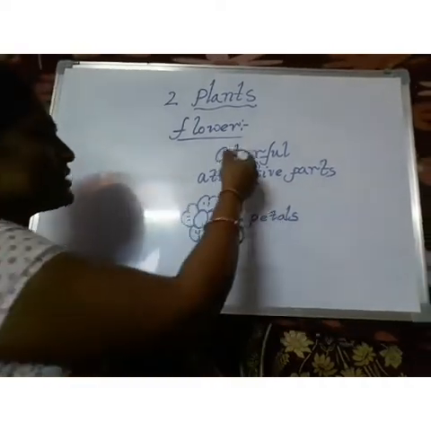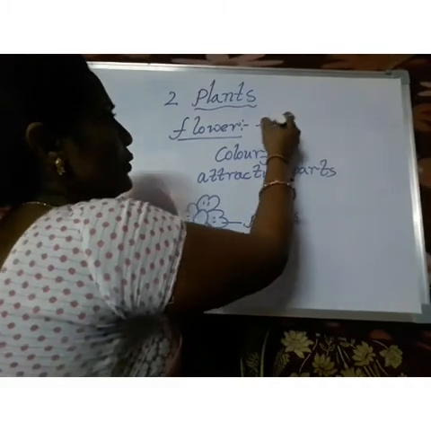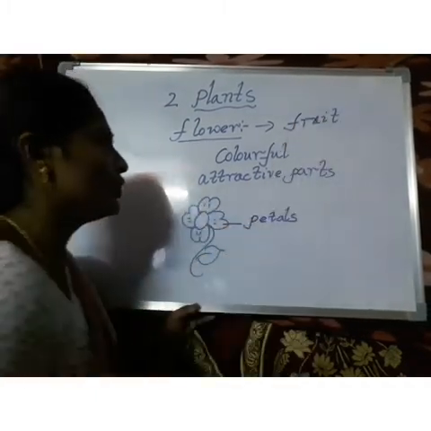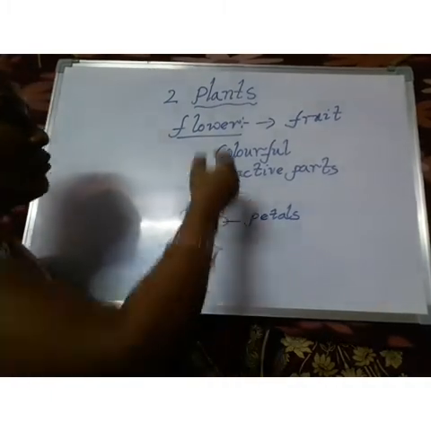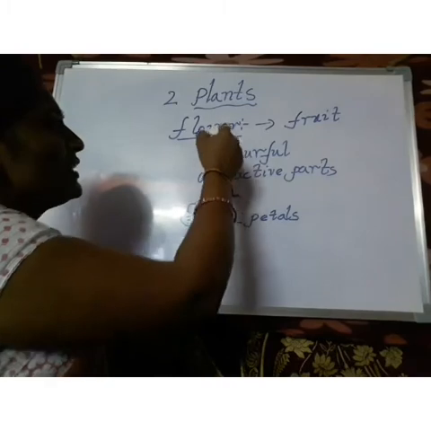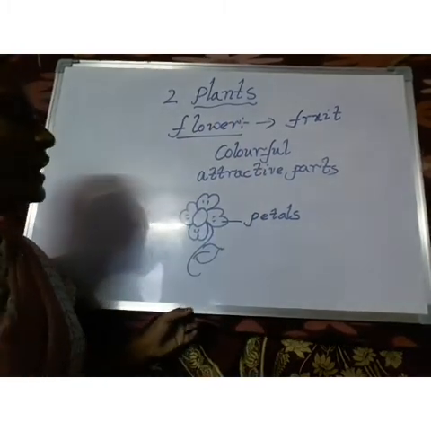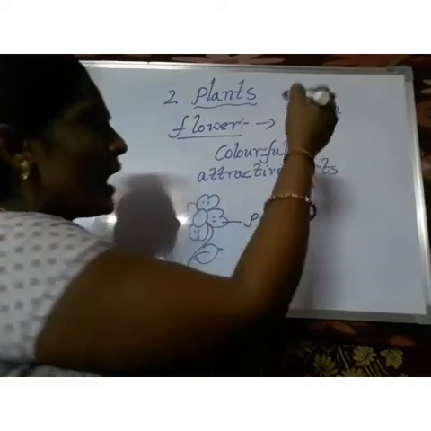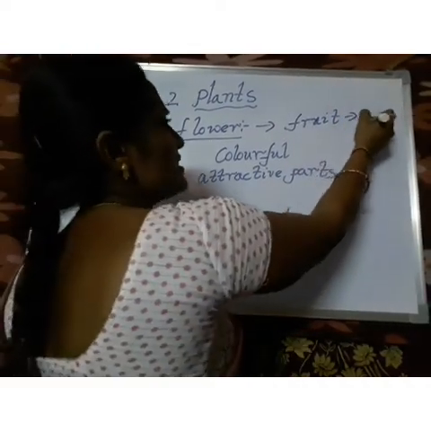After that, this flower can turn into fruit. In the next classes, you can learn what the male parts and female parts present in the flower are. Now the flower turns into fruit, and these fruits contain seeds.